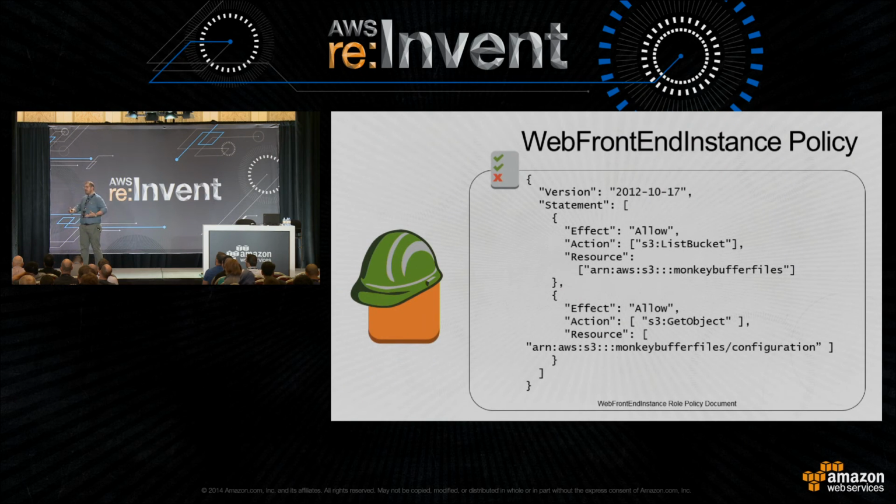So we create a role, and we need to write a policy. In this case, since it's the web front end, we know it only needs to be able to read, or get object, from the configuration folder in Monkey Buffer files. This would also need to have the DynamoDB access as well. And we might also give the role the ability to list bucket so that they can go through and find out what's in there to read.